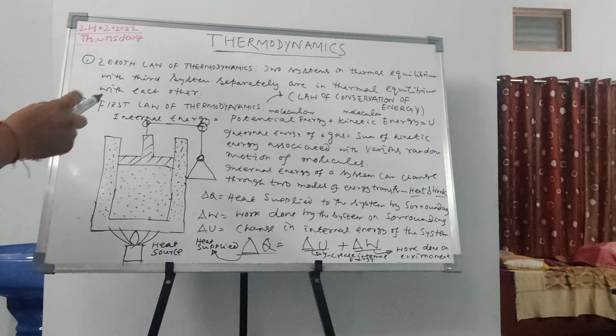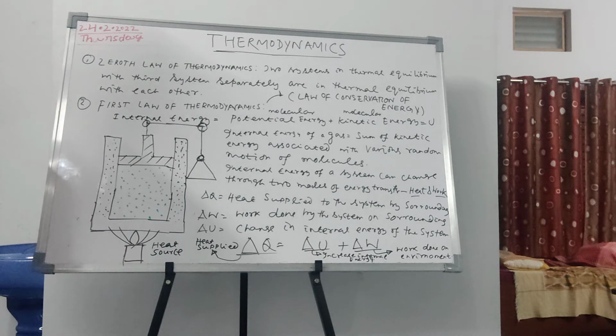The zeroth law of thermodynamics is when two systems are in thermal equilibrium with a third system separately. Suppose two systems A and B are in thermal equilibrium with system C separately.